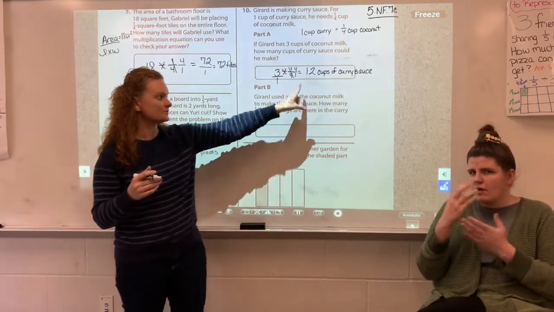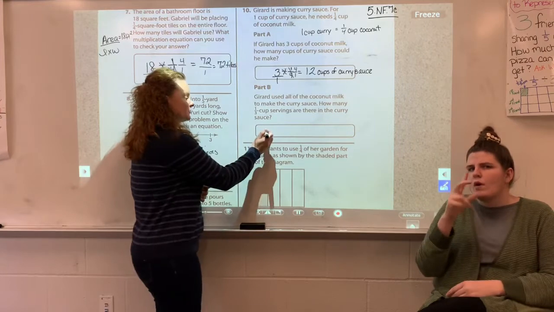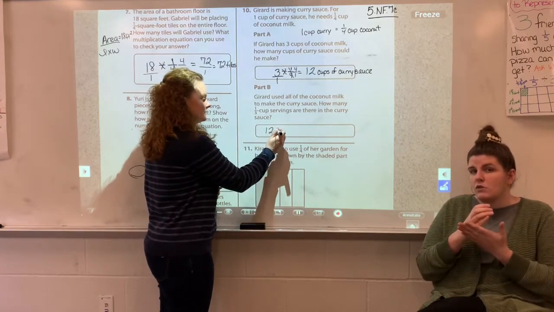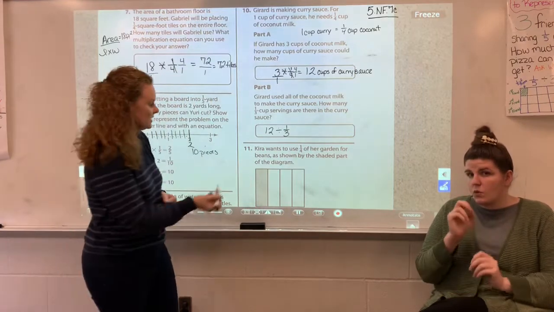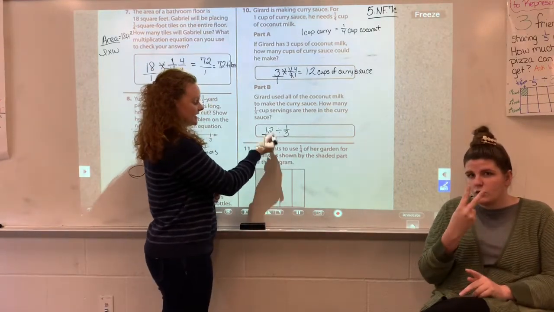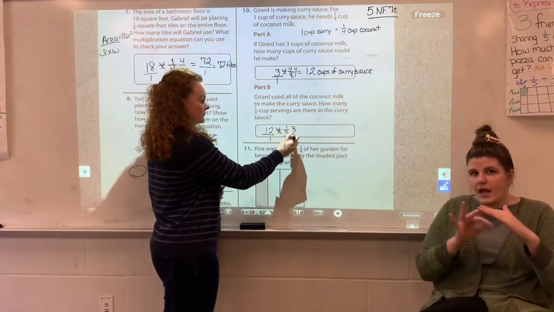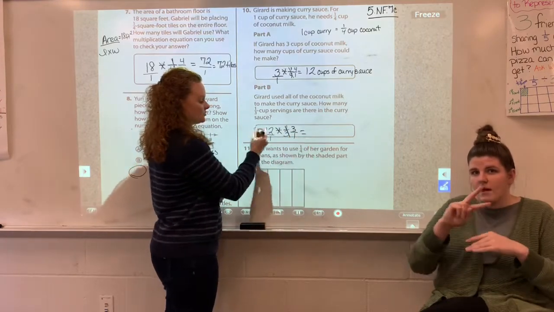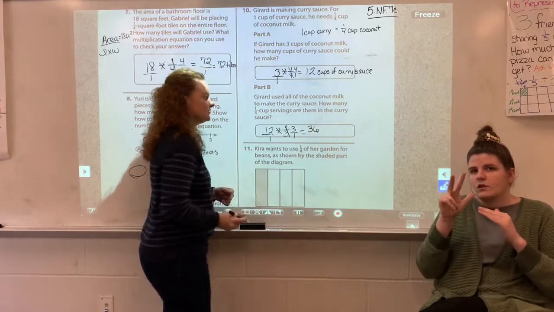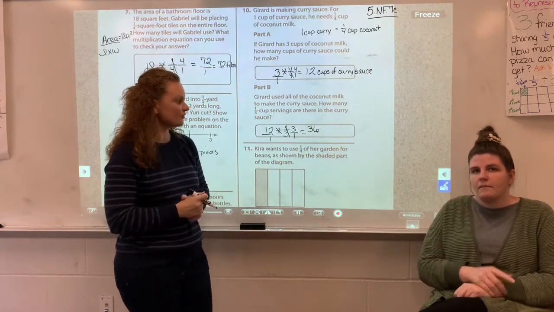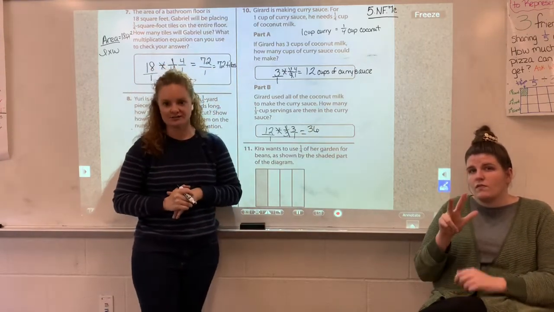How many 1/3 cup servings are in 12 cups? So we take 12 divided by 1/3. Okay? So 12 becomes a fraction. I keep, I multiply, I flip. And I have 12 times 3, which is 36. So there are 36 1/3 cup servings in that curry sauce.